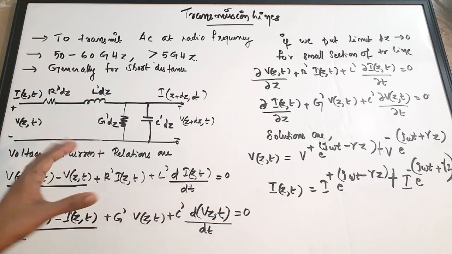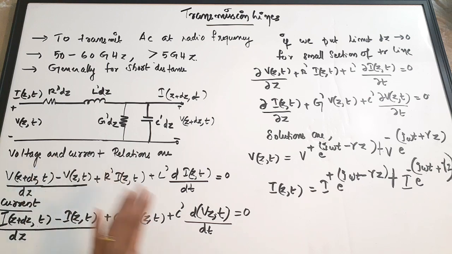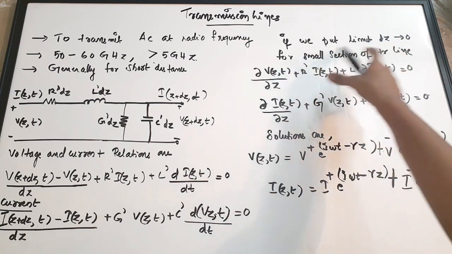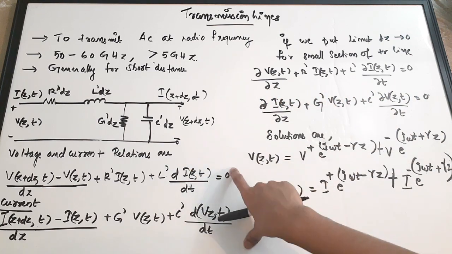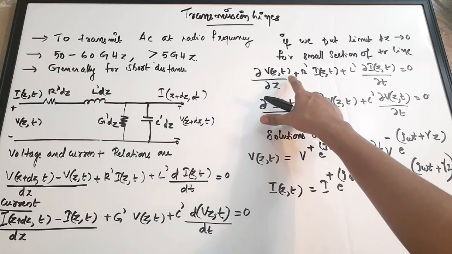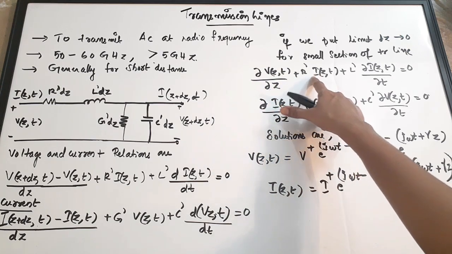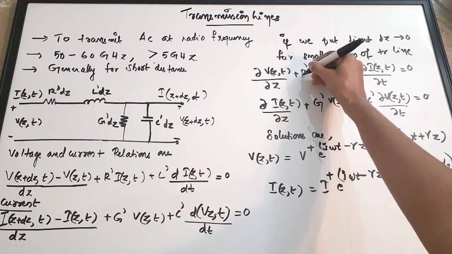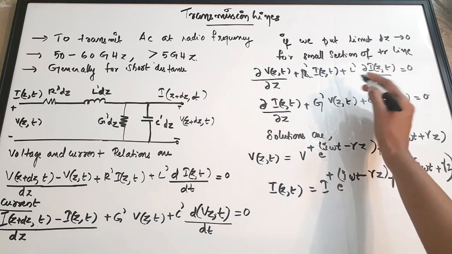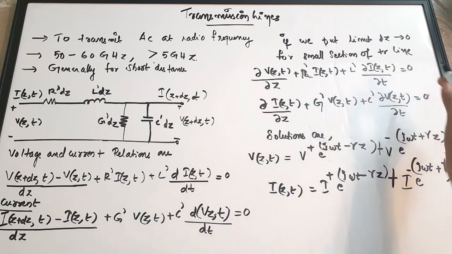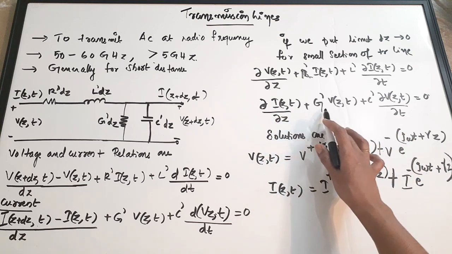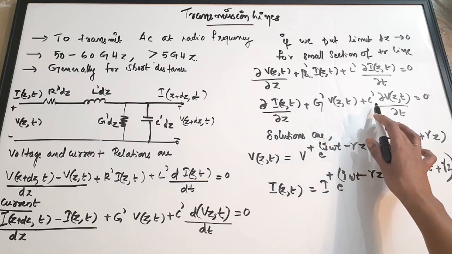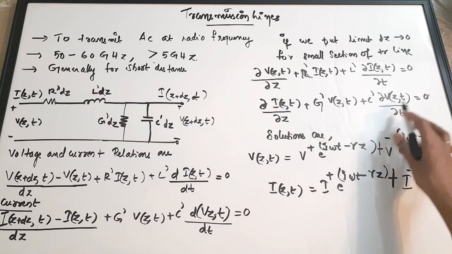Just for your understanding, this is how the voltage equation and the current equation come about. And if you put the limit Δz to 0 and take a very small section of the transmission line, you can replace these equations by these two: ∂V(z,t)/∂z + R' I(z,t) + L' ∂I(z,t)/∂t = 0, and the current equation becomes ∂I(z,t)/∂z + G' V(z,t) + C' ∂V(z,t)/∂t = 0.